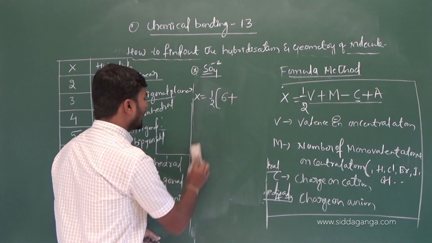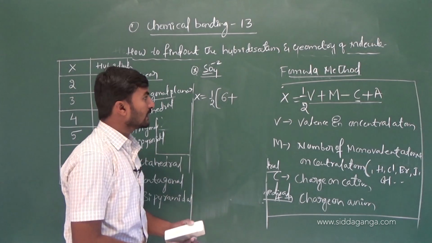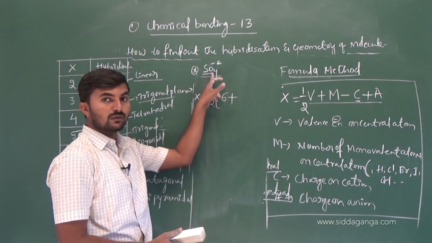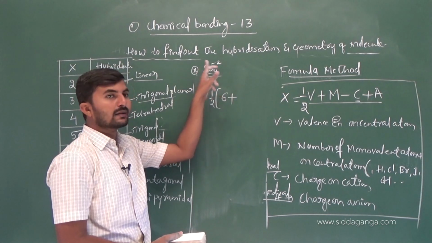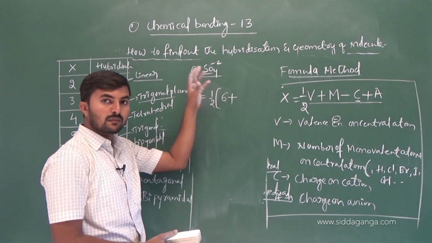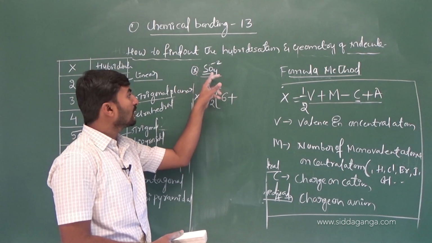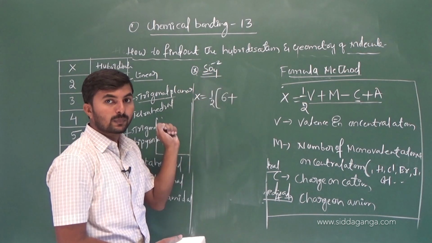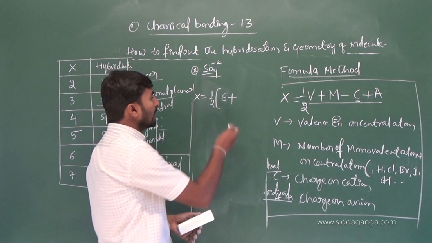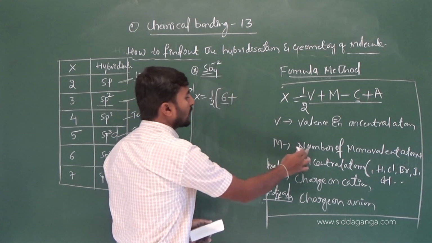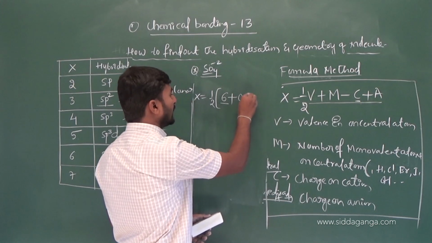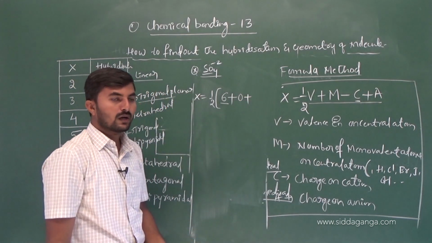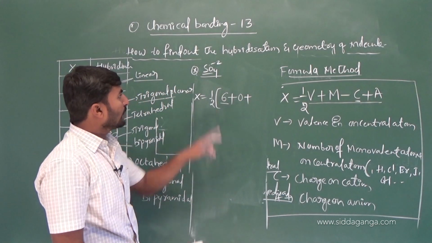is the central atom attached to a monovalent atom here? No, it is attached to divalent atoms. Here the central atom does not attach to a monovalent atom, instead it is attached to divalent atoms. That is why the value of monovalent atoms is 0. There are no monovalent atoms. Followed by which type of ion is it?